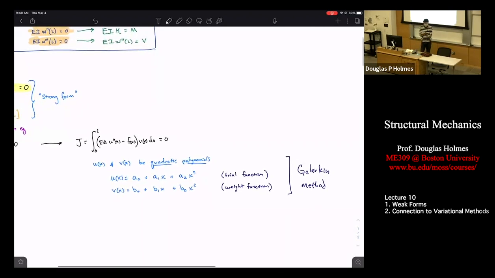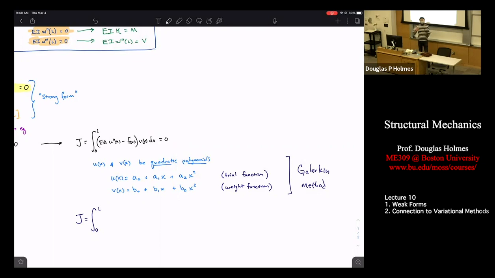All right, so we have an equation. We have our guesses, and we just insert u into here, and we insert v into here. This is easy in that we can do this by hand. So, we're going to actually work this problem and get an actual answer for what u is.